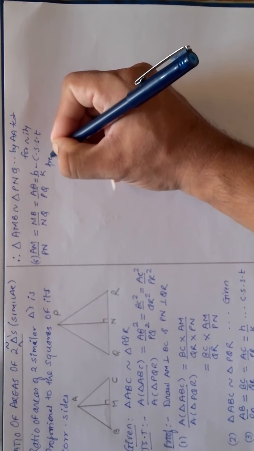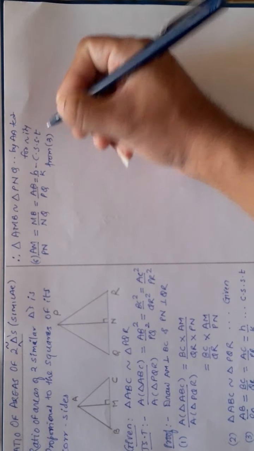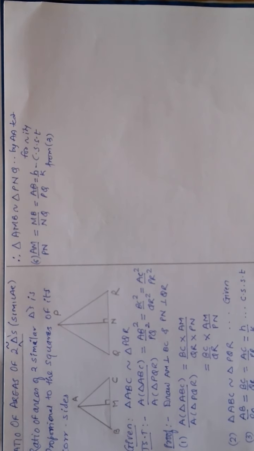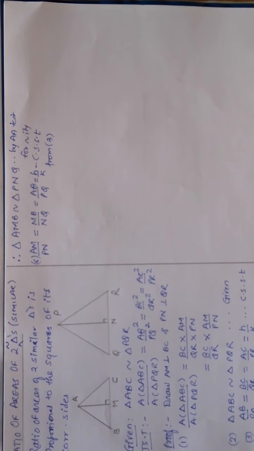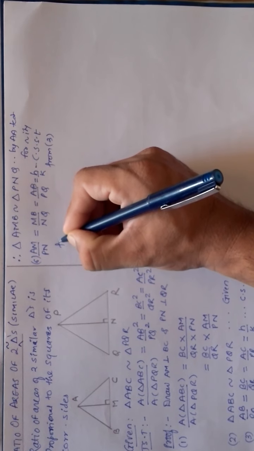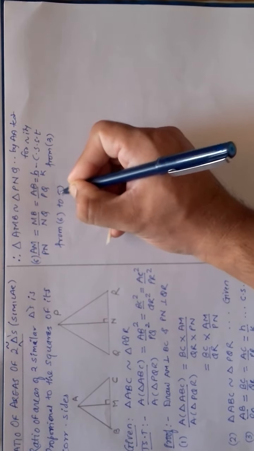This is also from your so-called third one. That means I get AM is to PN also as H is to K. So I will input it in 5, that is from 6 to 5.